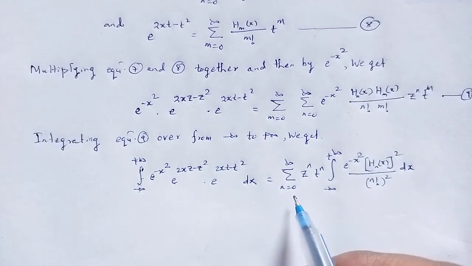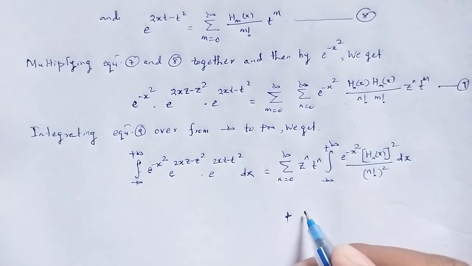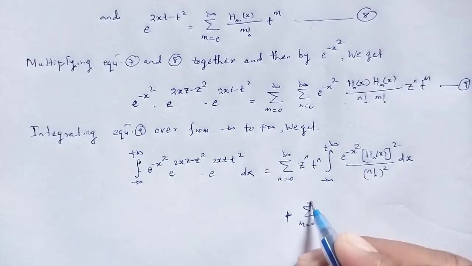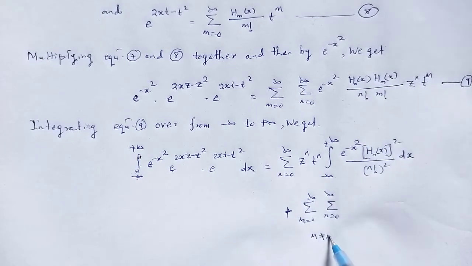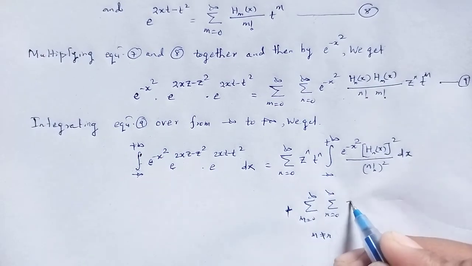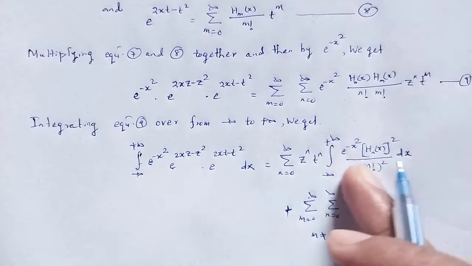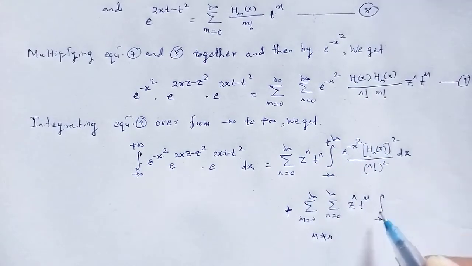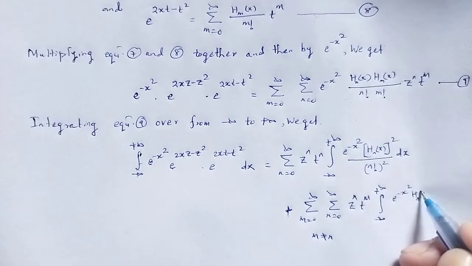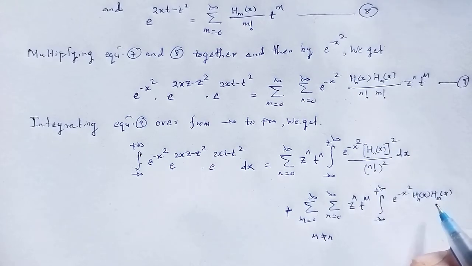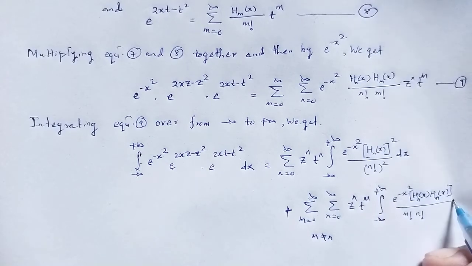This is the term when m is equal to n, and again plus the term for m not equal to n, where m from 0 to infinity and n from 0 to infinity, that is for the condition m not equal to n, this term exists, z to the power n t to the power m, the integral from minus infinity to plus infinity of e to the power minus x square Hn(x) Hm(x) divided by m factorial n factorial dx.